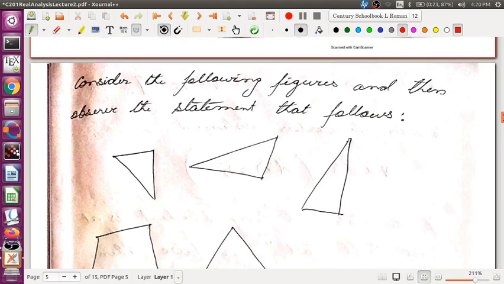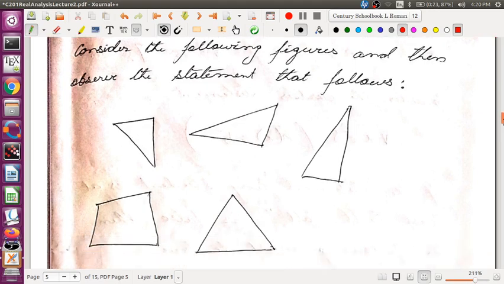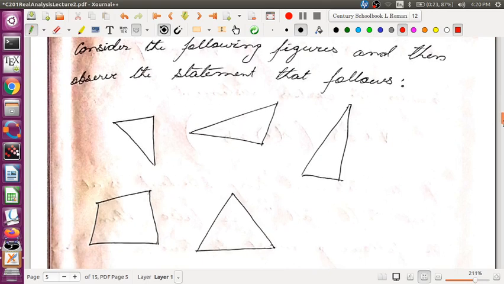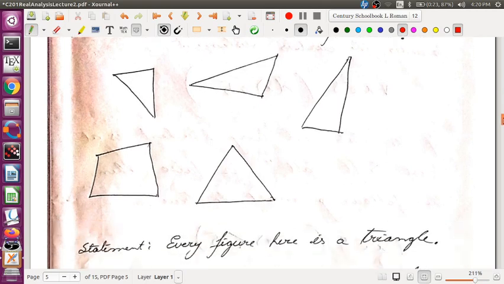Consider the following figures and then observe the statement that follows, right? To understand this universal and existential thing, let us see what happens. Some figures are given to you here. I make this statement: every figure here is a triangle. Is it true or false?